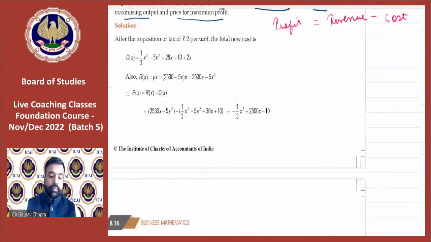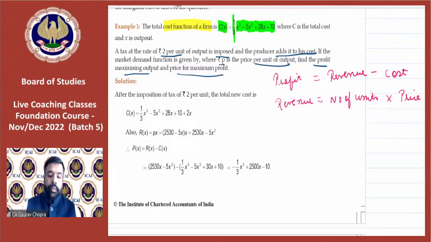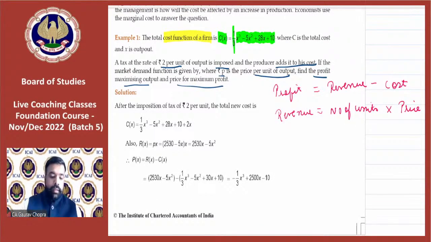All right, so let us do that first. In order to calculate the revenue, it is the number of units sold multiplied by the price per unit. The price per unit is given. So we have to find the revenue, and let us denote revenue by R(x).